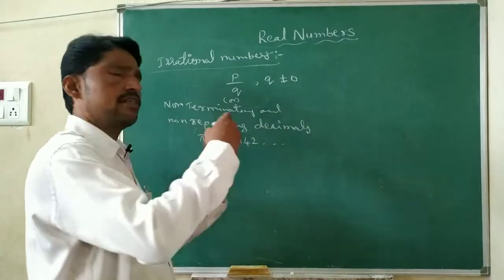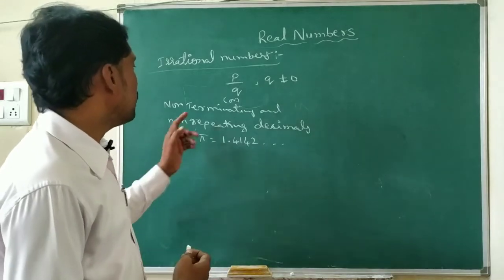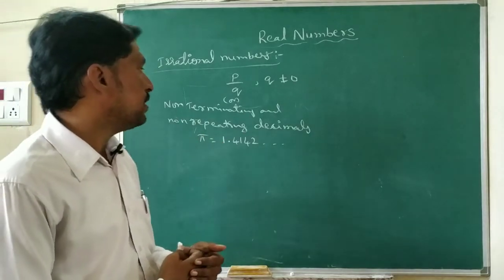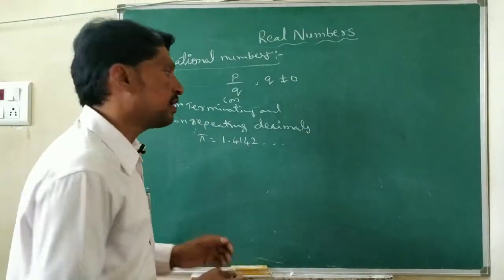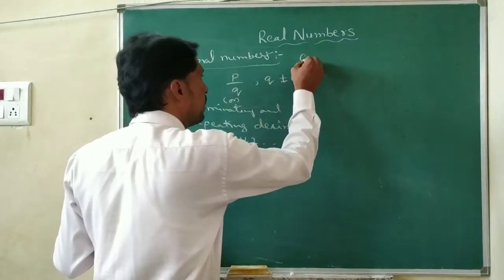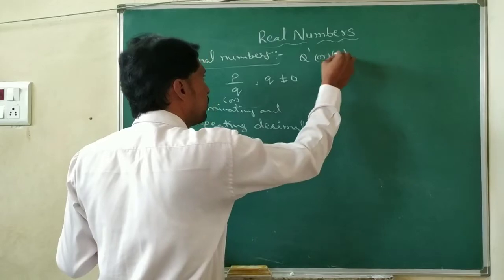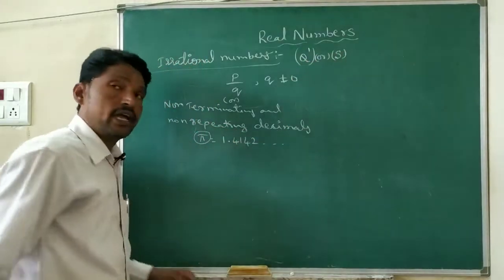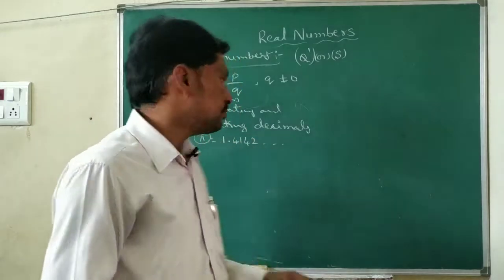It is not repeating, so like that one we can say non-terminating and non-repeating decimals. So like that one we can say the irrational number. Here pi is an irrational number. It is denoted as Q dash or S. S also we are denoting.